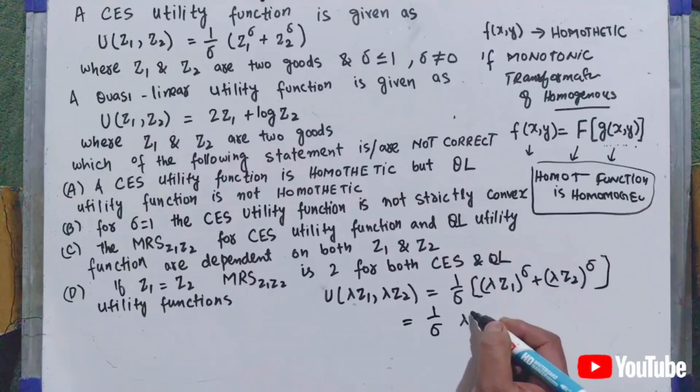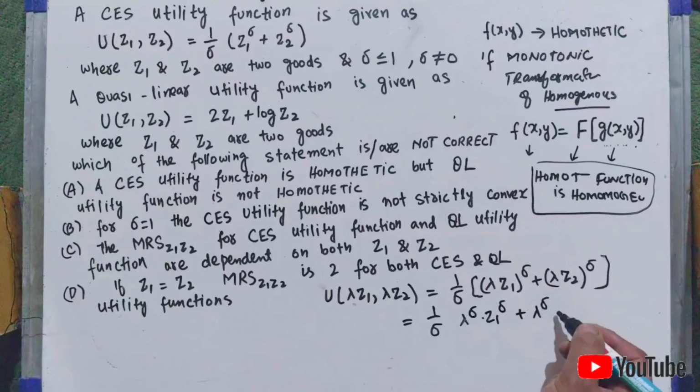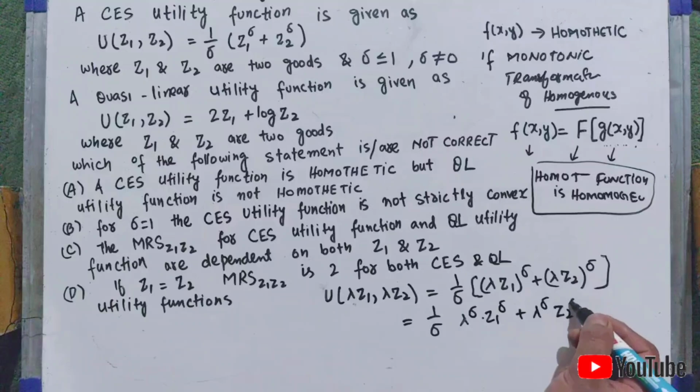So we have lambda raised to the power delta times z1 raised to the power delta plus lambda raised to the power delta times z2 raised to the power delta.